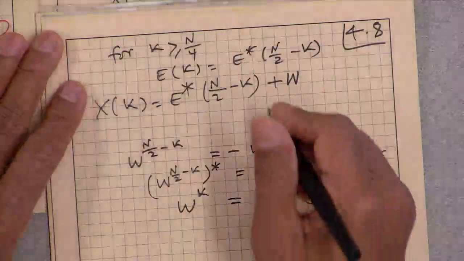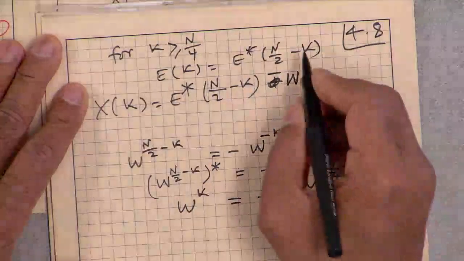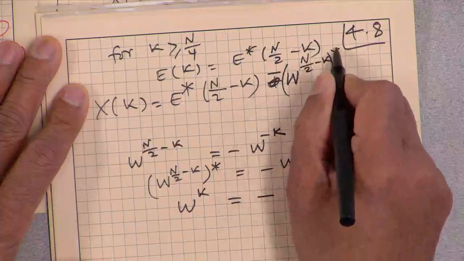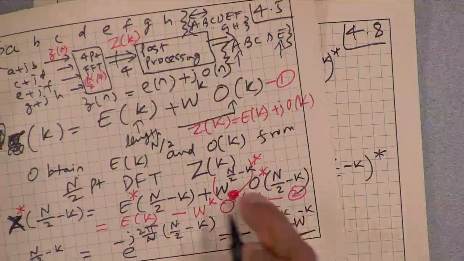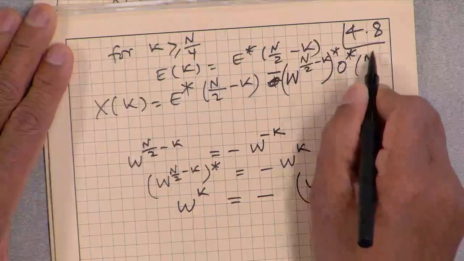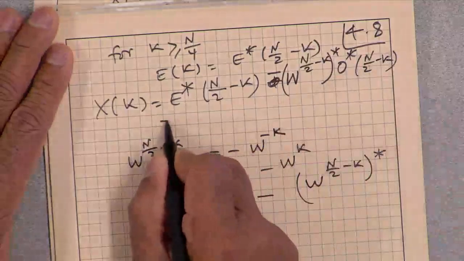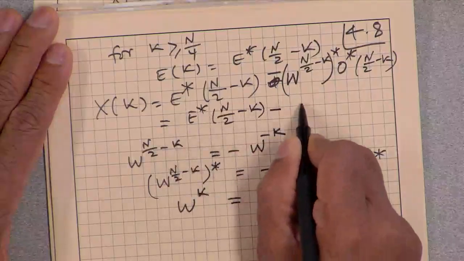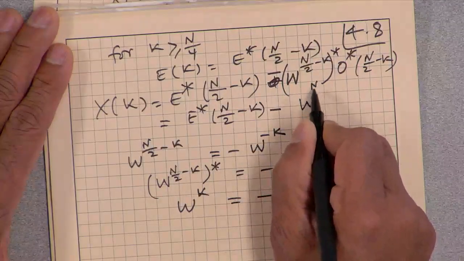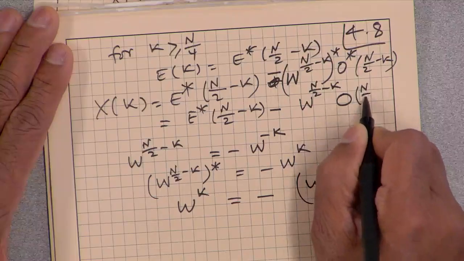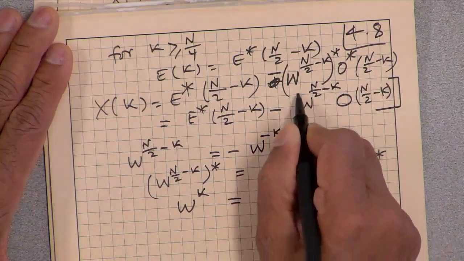W to the power k is minus W to power n by 2 minus k conjugate times Ok, which is the same as O conjugate n by 2 minus k, which can then be written as E conjugate n by 2 minus k minus W to the power n by 2 minus k times O n by 2 minus k whole conjugate.